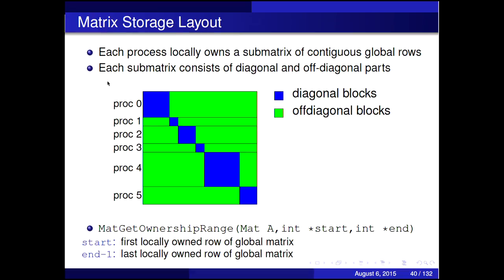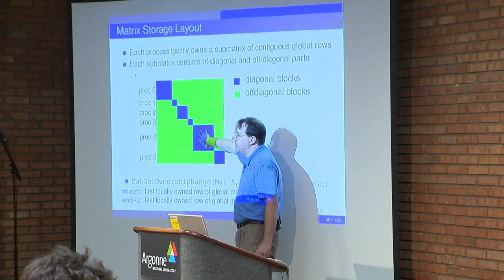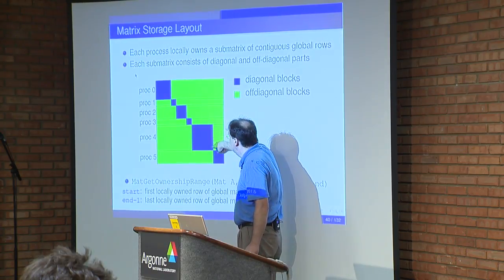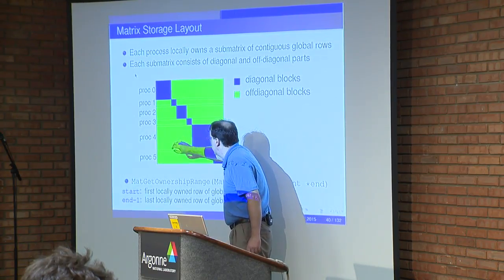So PETSc matrices are stored in the following way for sparse matrices. Each process gets a contiguous set of rows, and the matrix on a process is actually generally stored in two parts, what we call the diagonal part, which is this piece, and the off-diagonal part, which is all the rest.